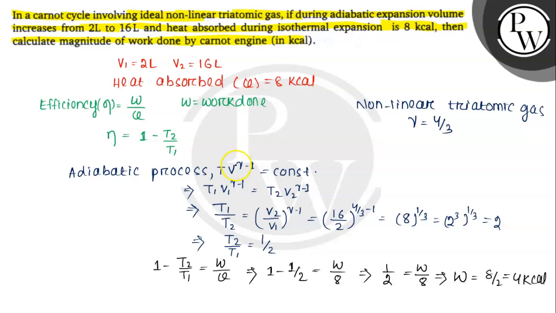To find T2 by T1, we use the adiabatic process relation, T into V to the power gamma minus 1 equals constant. Now putting the value of T2 by T1 in the efficiency, we can easily find out the work done. So the work done is 4 kilocalorie.